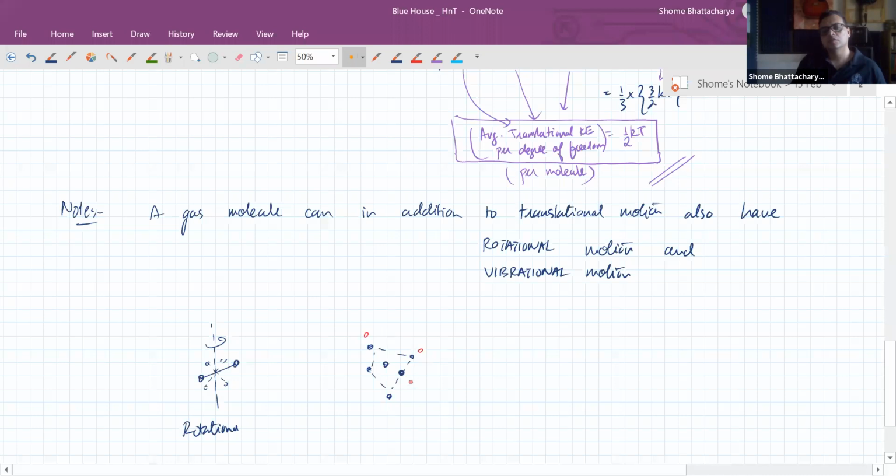It can also undergo vibration. Even a simple molecule like this, for example, it can undergo vibration. So in addition to translation, they can also have rotational motion and vibrational motion.